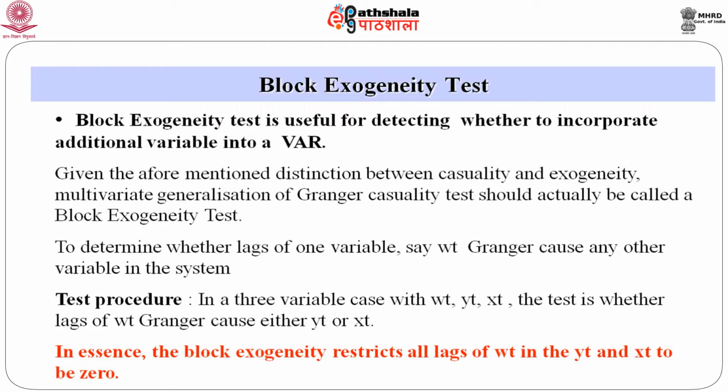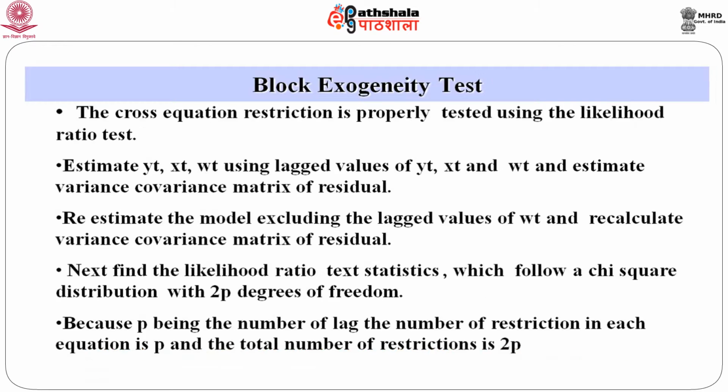In essence, the block exogeneity test restricts all the lags of Wt in Yt and Xt to be 0. So, if we find that all lags of Wt in Yt and in Xt are 0, then we treat W to be exogenous. The cross equation restriction is properly incorporated while carrying out the likelihood ratio test.